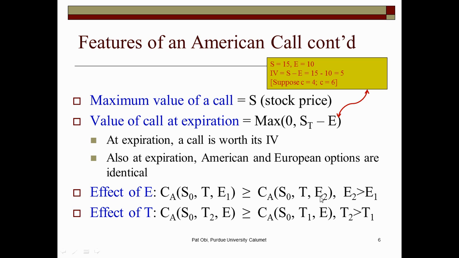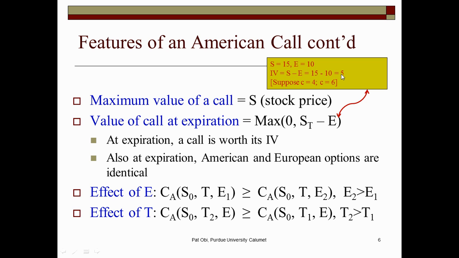So under all but exceptional situations, the call with E1 would sell at a higher price, again because E1, which is lower than E2, would offer you a greater intrinsic value. See, if E1 here is 5, 15 minus 5 gives you an intrinsic value of 10. And if E2 is, let's say, 10, then S minus E would give you a smaller intrinsic value of 5.